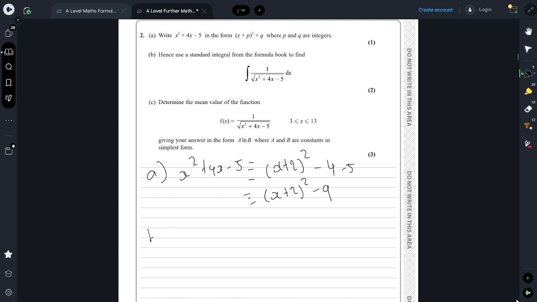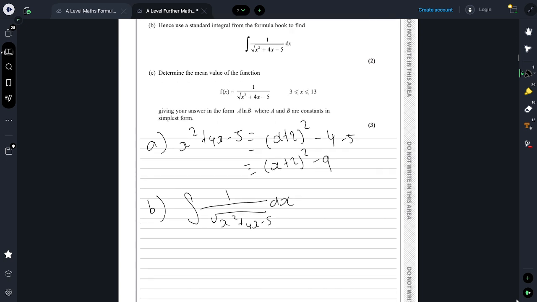Then it says, hence use the standard integral from the formula book. So we're going to need the formula book to find an integral that we can use to work this out. And we're going to need to use part A because it says hence. So it's going to be the integral of root of (x squared plus 4x minus 5) dx. This is the same quadratic we had.